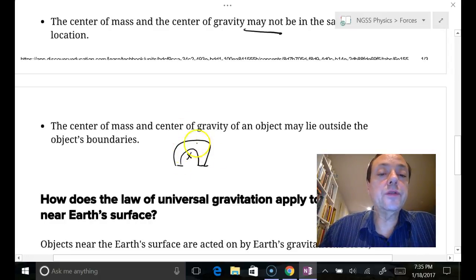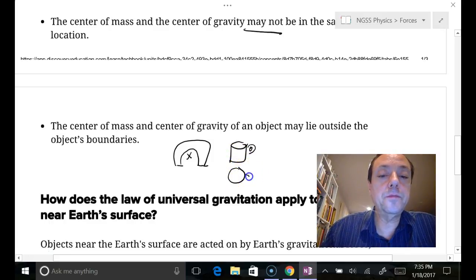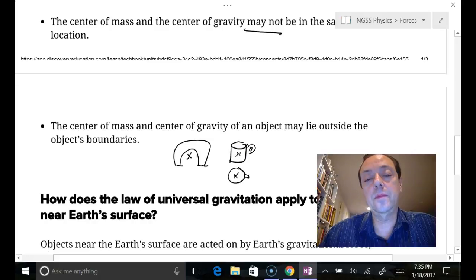So it's actually outside of the object. You could probably say the same thing about a coffee cup. It might have a center of mass someplace inside the coffee cup.